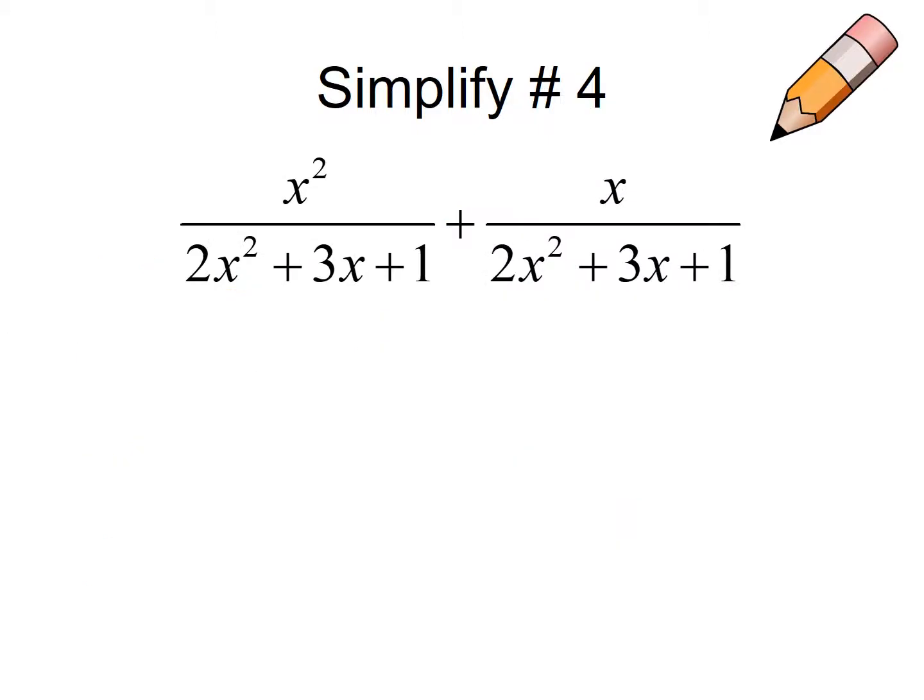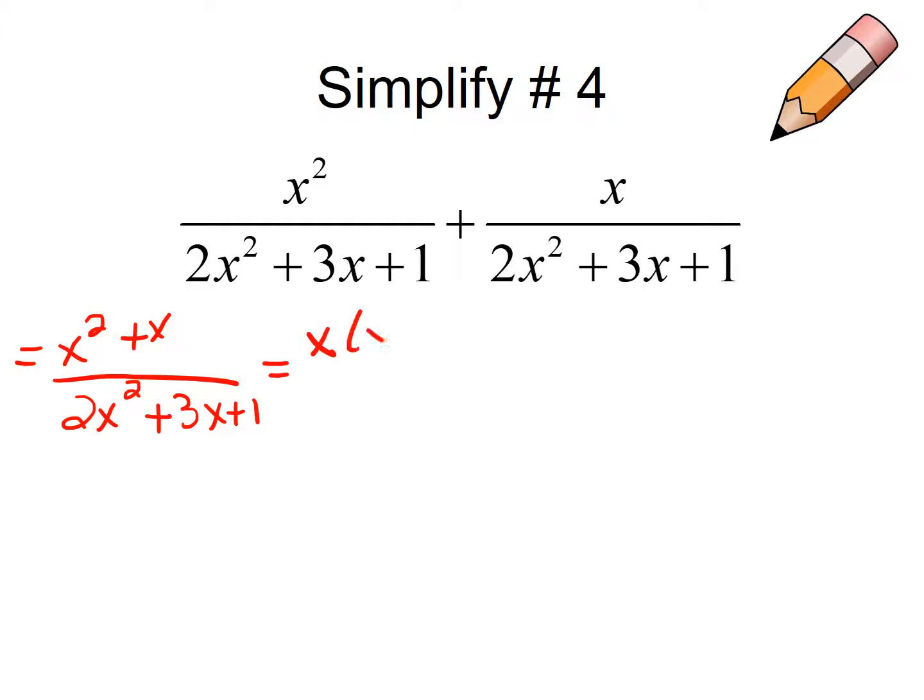All right, number 4. So now we have x squared plus x all over our common denominator of 2x squared plus 3x plus 1. So that's my answer, but we need to double check if we can simplify it any further. So we're going to have to factor and see if we can slash anything. So I can take an x out of the top, getting me x plus 1 all over.